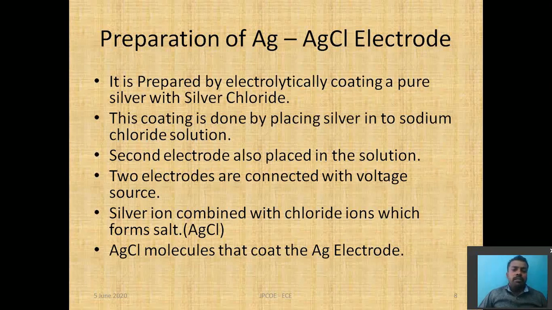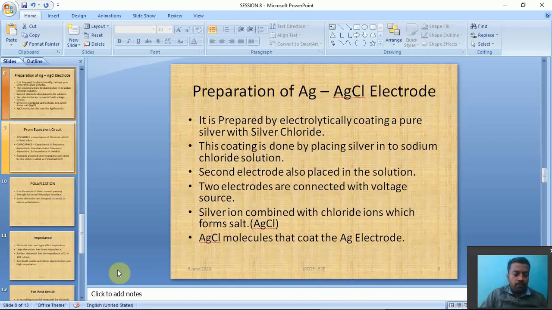Then apply some power supply to the electrodes, and the electrolysis process starts. The silver ion combines with the chloride ion to form the salt. That salt molecule coats the silver electrode. This process is electrolysis. Let us see one video about this electrolysis process.